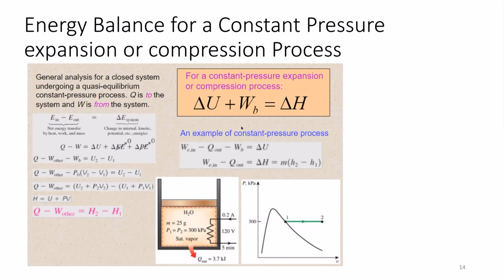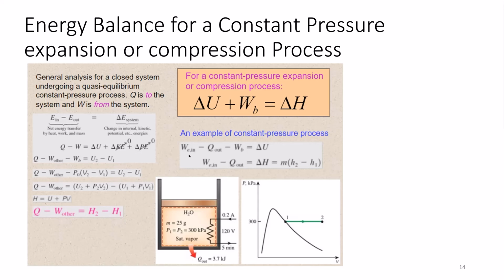Okay, if you were to write it in this form, right? And this is essentially our boundary work for constant pressure. Okay, and then you could also write it in this form, right? So you write it as just the difference H2 minus H1, right?